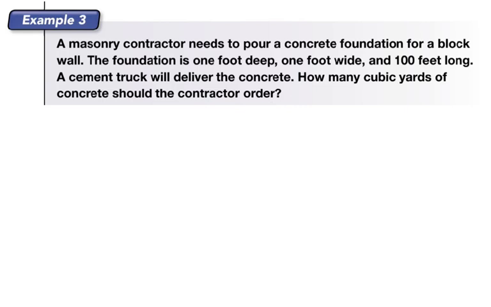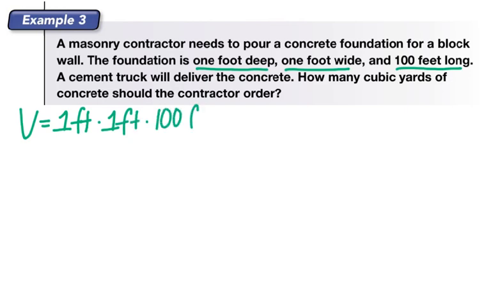Okay, so let's think about this. If we know that it's 1 foot deep, 1 foot wide, and 100 feet long, then the volume of our cube is 1 foot times 1 foot times 100 feet, which equals 100 feet cubed.